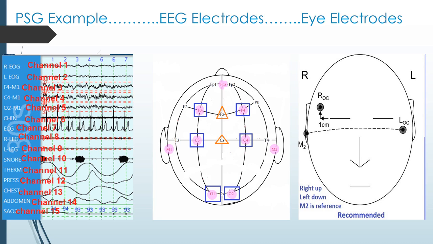Now, I want to mention something about your system reference electrode, which is in the yellow triangle, and it is your electrode site labeled FZ. Notice we don't see that anywhere on our montage setting. This is our system reference.